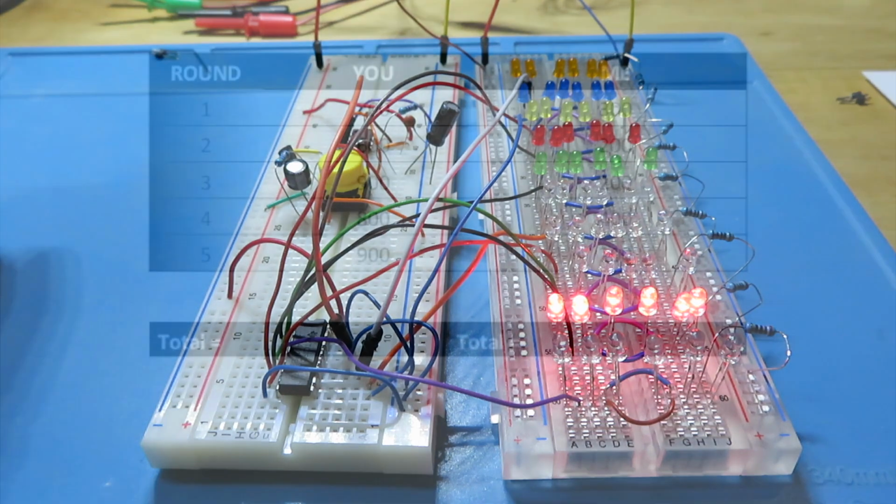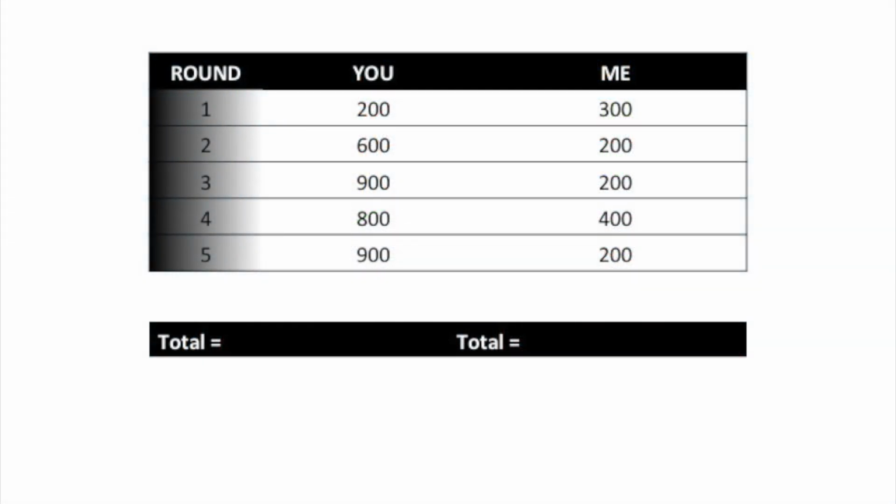And of course, I got 200 points once again. So the sum gives you guys a total of 3,400, and for me 1,300. You guys won.